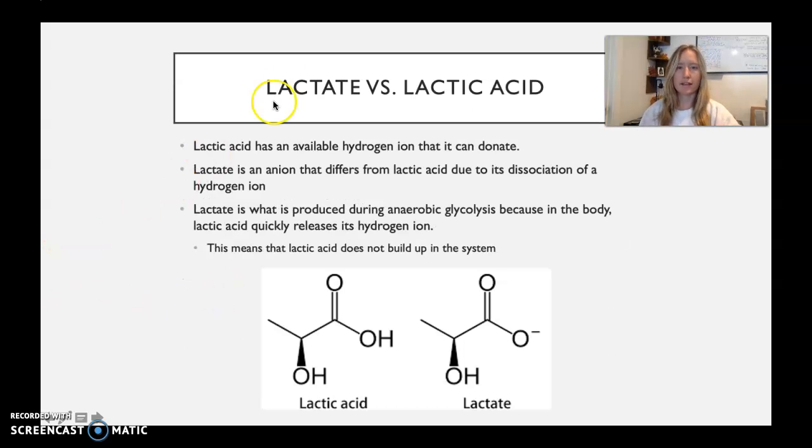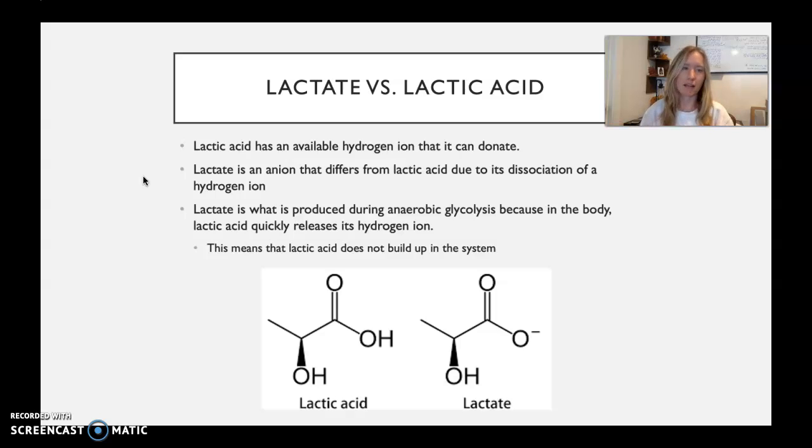If we look at lactate versus lactic acid, lactic acid is different from lactate in that it has an available hydrogen ion that it has to donate. Lactate is an anion, and it's different from lactic acid because it's already dissociated from the hydrogen ion.